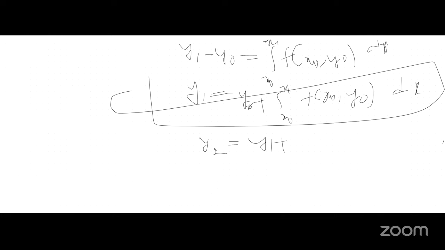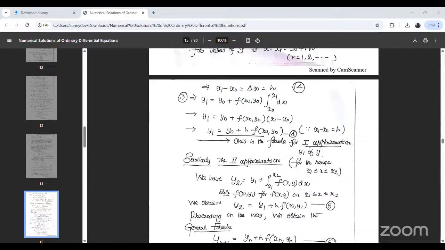So y1 plus this one we are getting. So I will show that. x1 minus x naught, that we are taking as h.